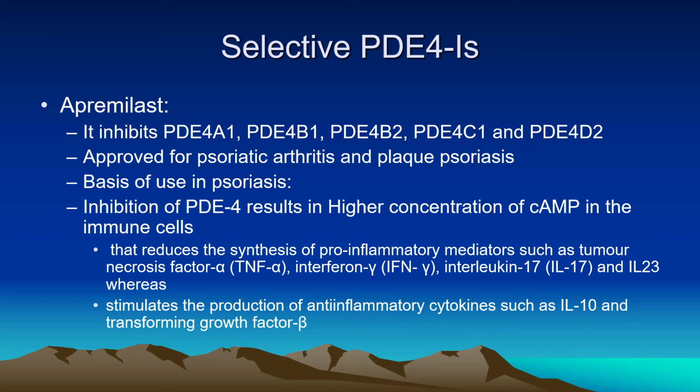Now the basis of its use in psoriasis is that by inhibiting phosphodiesterase 4 enzyme, the drug decreases activity of the immune cells in this disorder, because inhibiting phosphodiesterase 4 would cause greater concentration of cyclic AMP in the immune cells, and this will result in reduced synthesis of pro-inflammatory mediators such as tumor necrosis factor alpha, interferon gamma, interleukin 17 and interleukin 23.